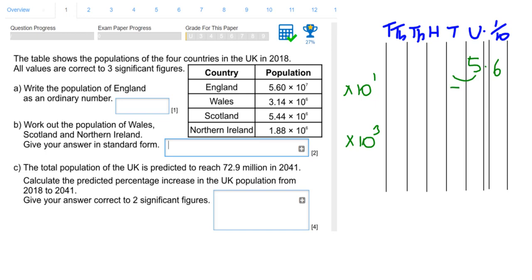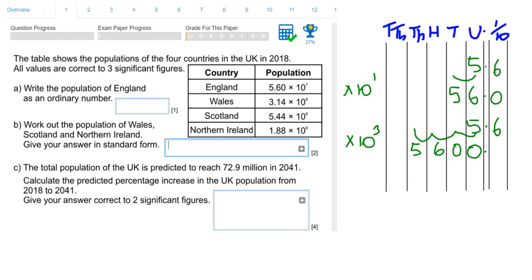That would become 56.0. If I wanted to multiply 5.6 by, let's say, 10 to the power 3, we would go through 3 places. So 1, 2, 3. So my 5 would move to there, my 6 would move to here, and then the rest would be zeros.